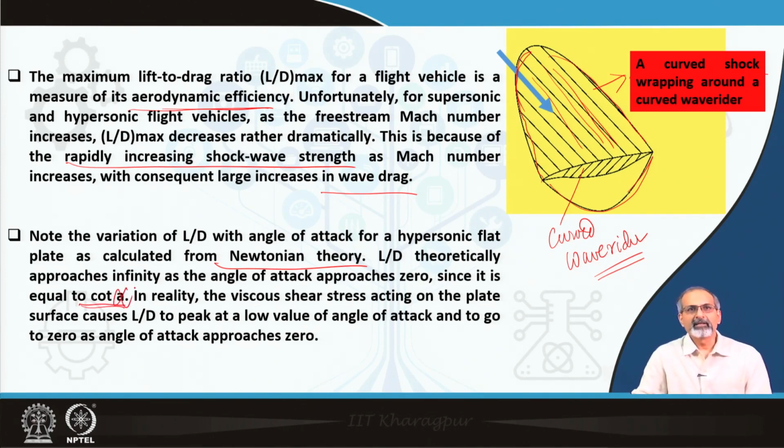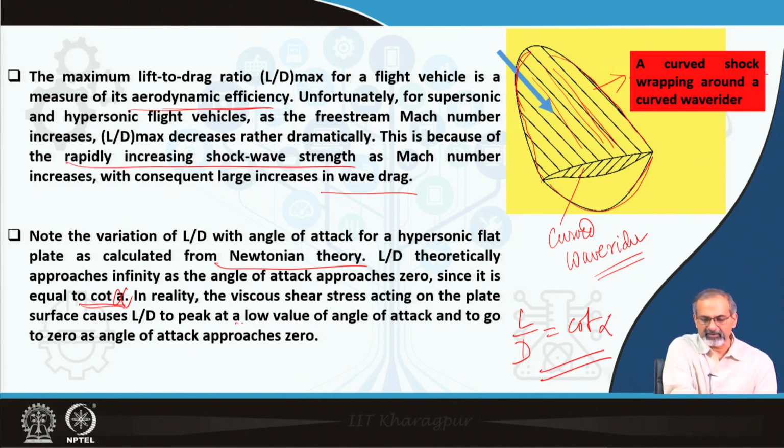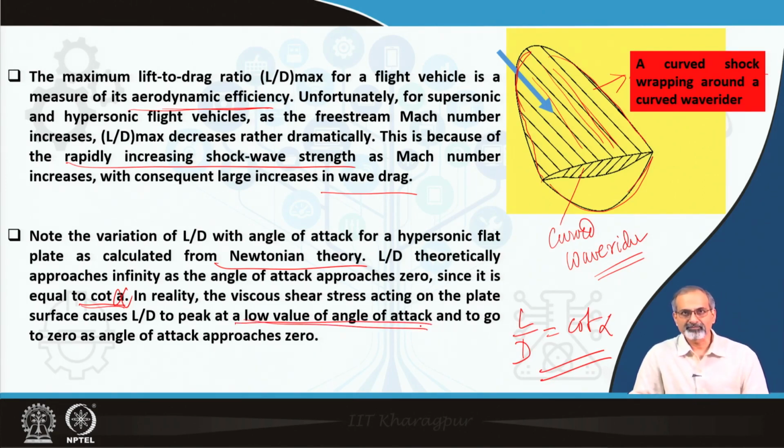So, L by D theoretically approaches an infinite value as the angle of attack approaches 0, since the L by D ratio with the inviscid theory is given by cot alpha. In reality, though, the viscous shear stress acting on the plate surface would cause the L by D to peak at a low value of angle of attack and to go to 0 as angle of attack approaches 0.